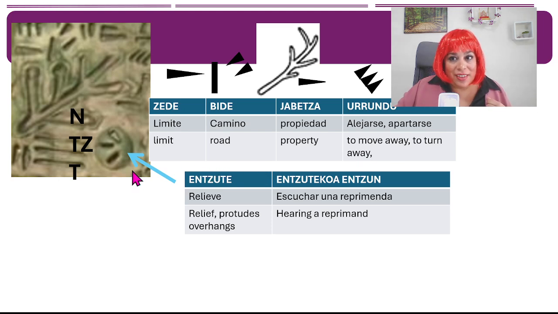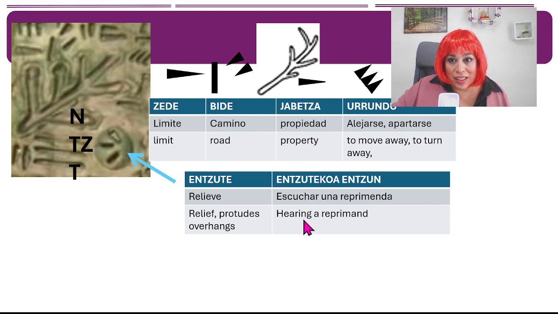And here is getting interesting because exactly these protruded overhangs and the consonants you can see here, these three symbols, you need a word that has these three symbols. And this, that, or T. Exactly, in the old Basque, there is literally a word that fulfills this condition with these consonants.